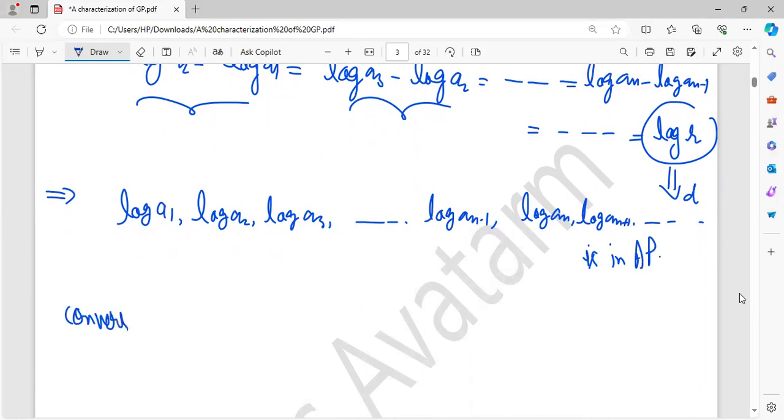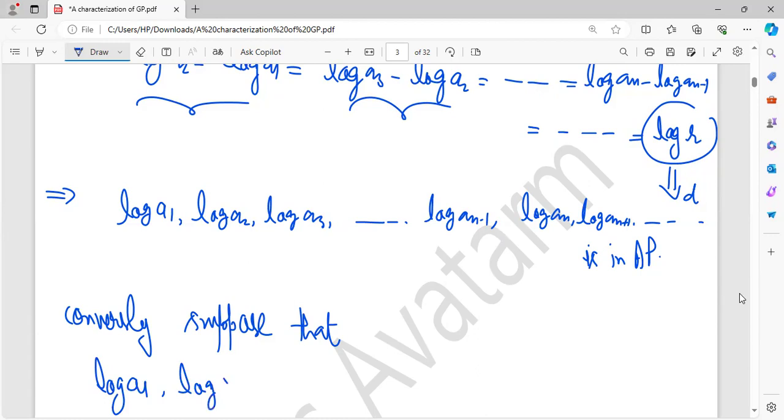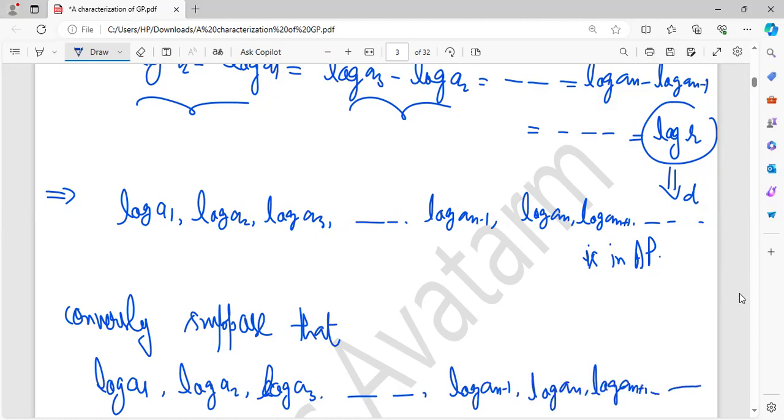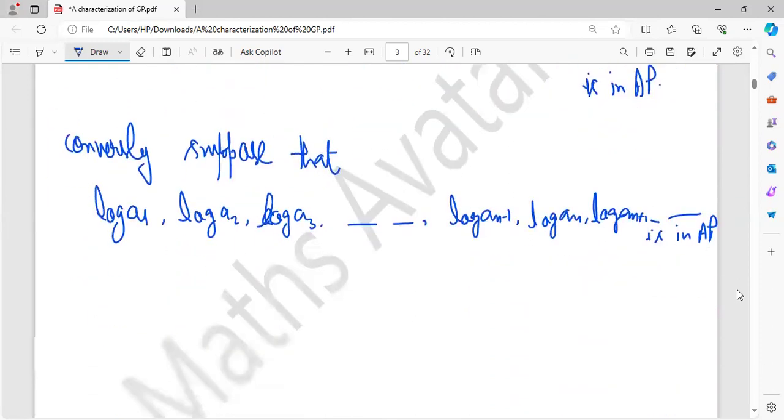Conversely, suppose that log a1, log a2, log a3, log an minus 1, log an, log an plus 1 is in AP. We will show that a1, a2, a3 are in GP.